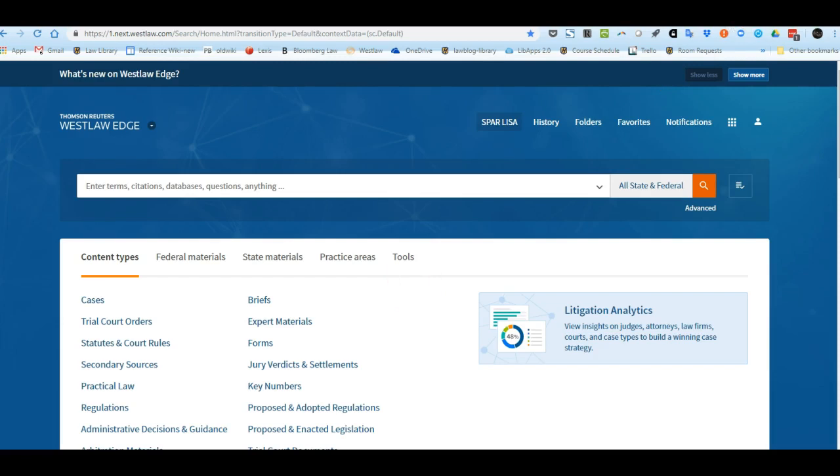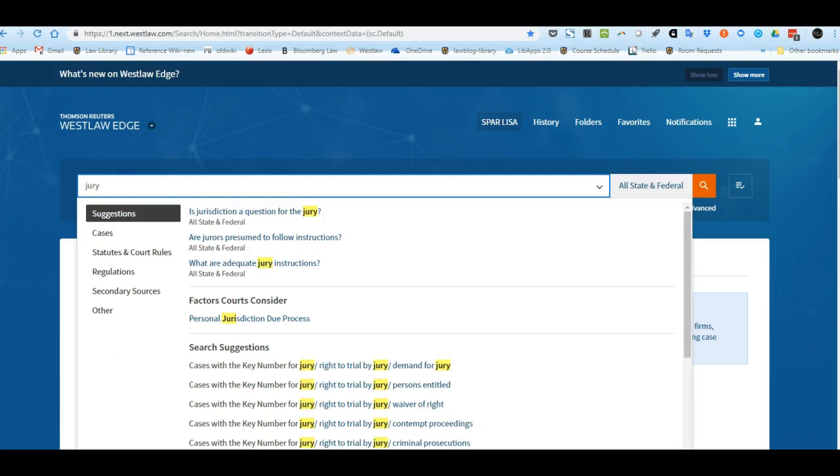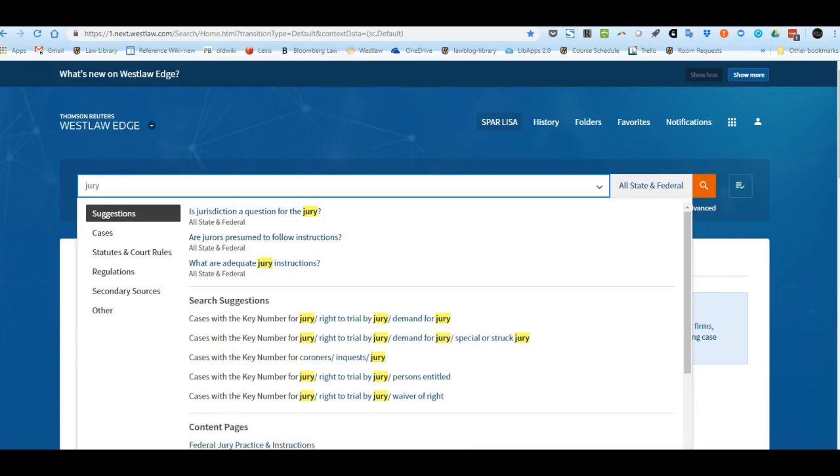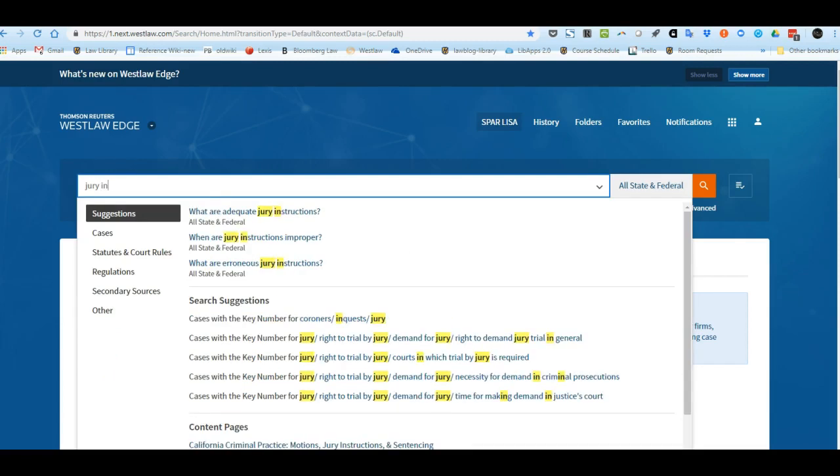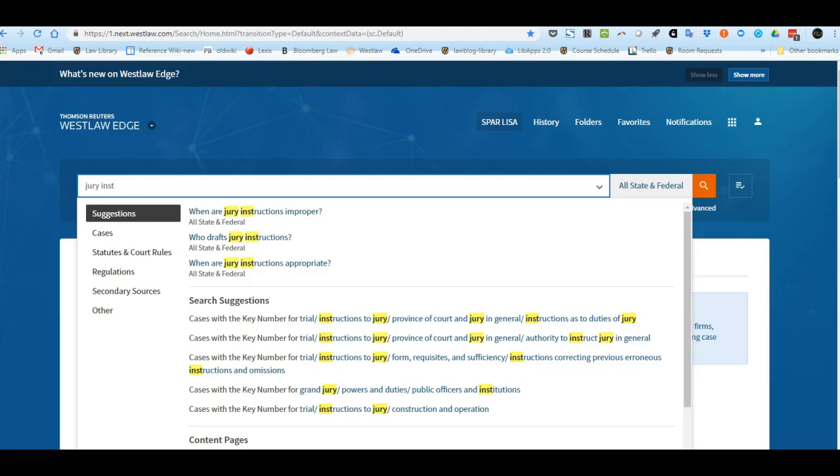For civil, here on Westlaw, we'll start with, as always, a good place to start is just in the search box when you're looking for a particular resource and just start typing it in. So I'm just typing in at the very first page, jury instructions. And one reason I'm doing this is that this came up when we were doing our research, our case workshop last time.